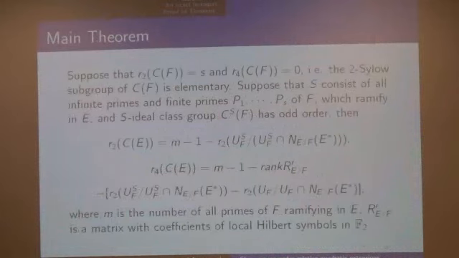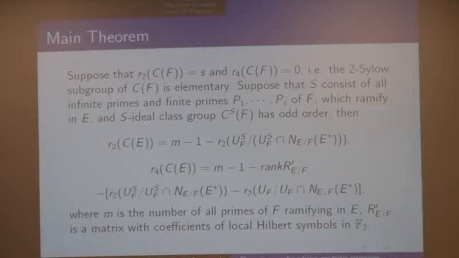My talk's main theorem: suppose the 2-rank of C_F equals s, or the rank of C_F equals 0, and we select a subgroup of C_E that is elementary. Suppose S consists of all infinite primes and finite primes p1 to ps of F, which lambda in E, and the ideal class group C_S(F) has odd order.